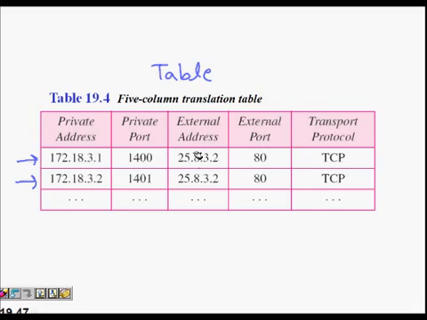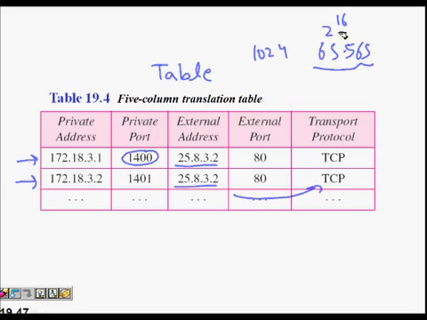Let's say both have external address 25.8.3.2, and the external port is this. So they are talking to this using the TCP protocol. But what will happen is their client ports might be different, because you choose from numbers from 1024 to 65,000, something like that, 2 to the power of 16 values, 65,565, something like that.